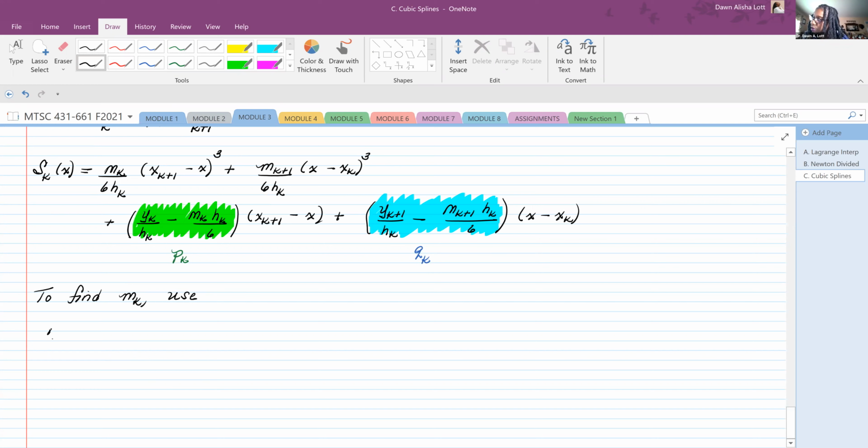We're going to take the derivative of the kth cubic spline interpolant. When we take the derivative of that, the 3 comes down, so you get m_k over 2h_k times (x_{k+1} minus x) squared, plus m_{k+1} over 2h_k times (x minus x_k) squared.